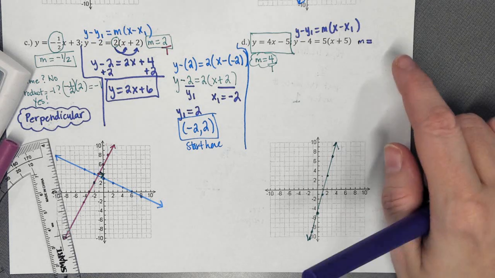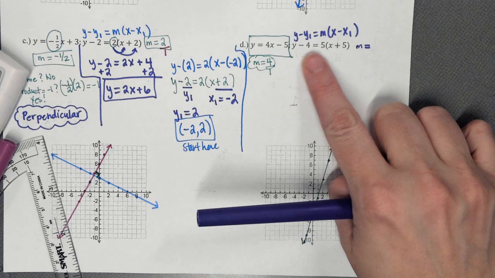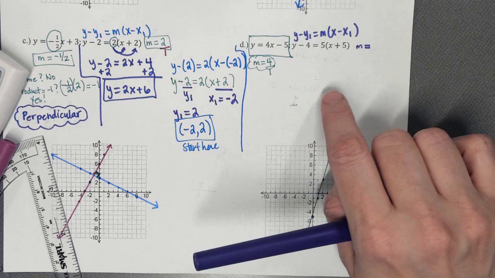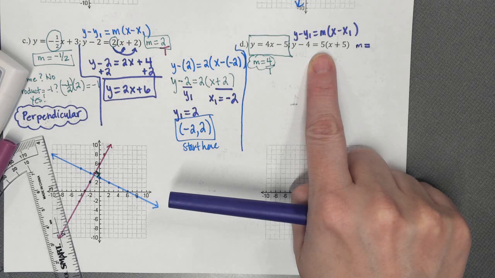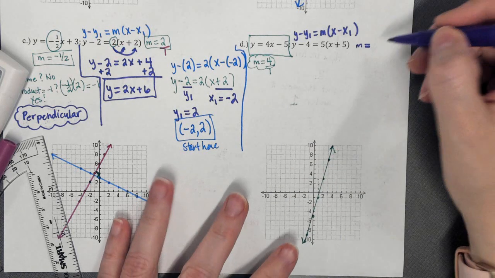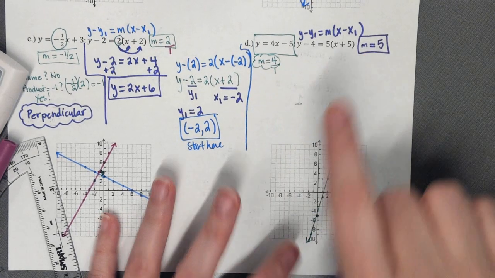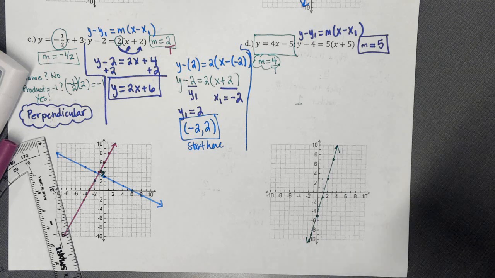Okay, and then Bree, for this one, can you tell me what your slope is? For in this form? Not in this form, you're not sure? So, yep, it's always in front of your parentheses in the point slope form. Yep. Okay, so are our slopes the same, 4 and 5? No, not the same.